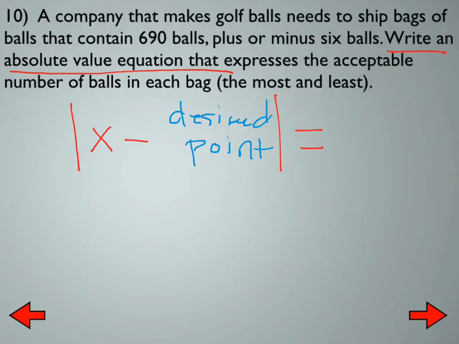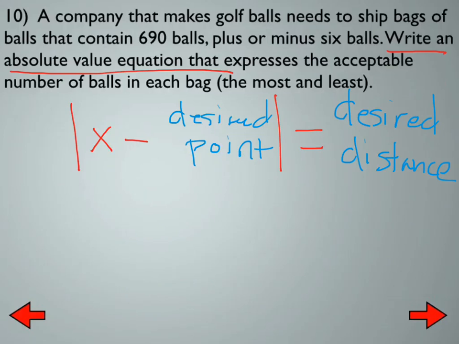And that is going to be equal to the desired distance. So the absolute value of x minus the desired point is supposed to be equal to the desired distance. So what I would like you to do is take a look at the word problem and see if you can come up with what you think the absolute value equation might look like. So I'll give you about a minute to figure that out.